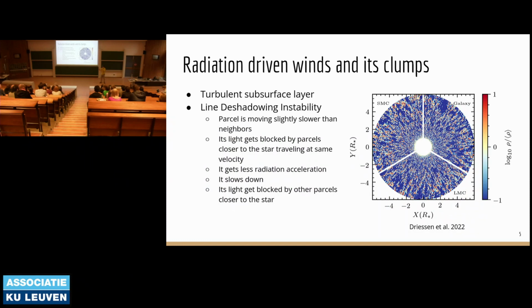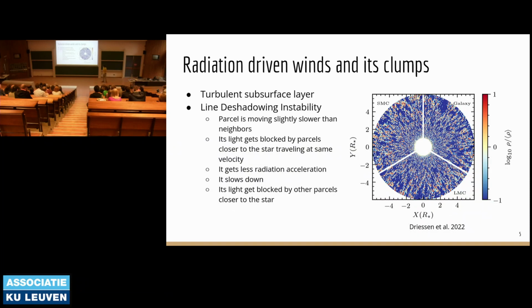So the light that you should be absorbing, because you're Doppler shifting, is already being caught by the parcels in front of you, which means that now you're moving too slow, which means you're not catching any radiation, which means you'll slow down further, which means you'll back up into everything else, and that naturally forms some clumping, because this is a runaway effect. As you get slower and slower, you get less and less radiation, because it all gets caught by the clumps before you. So you get some natural clumping going on there.